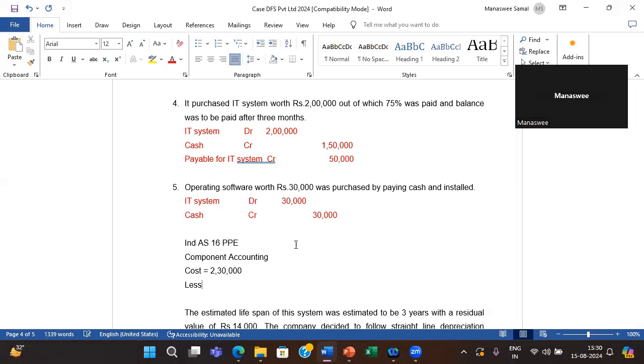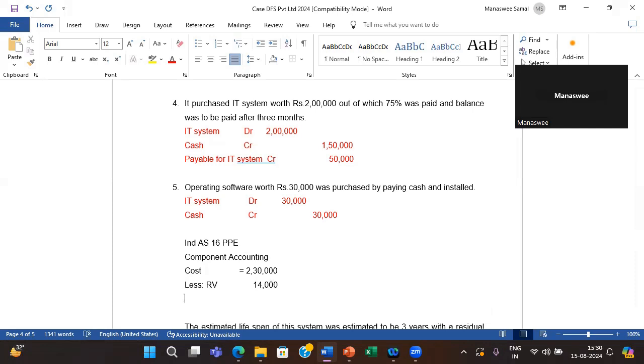Then we'll have less residual value. Just shift it to the right. Residual value would be 14,000. Then the amount that has to be depreciated, you call it the depreciable amount.